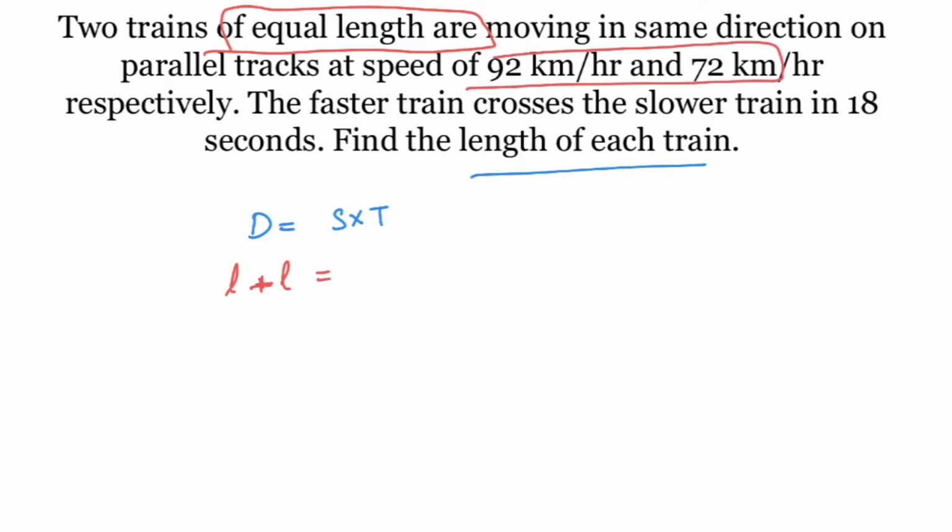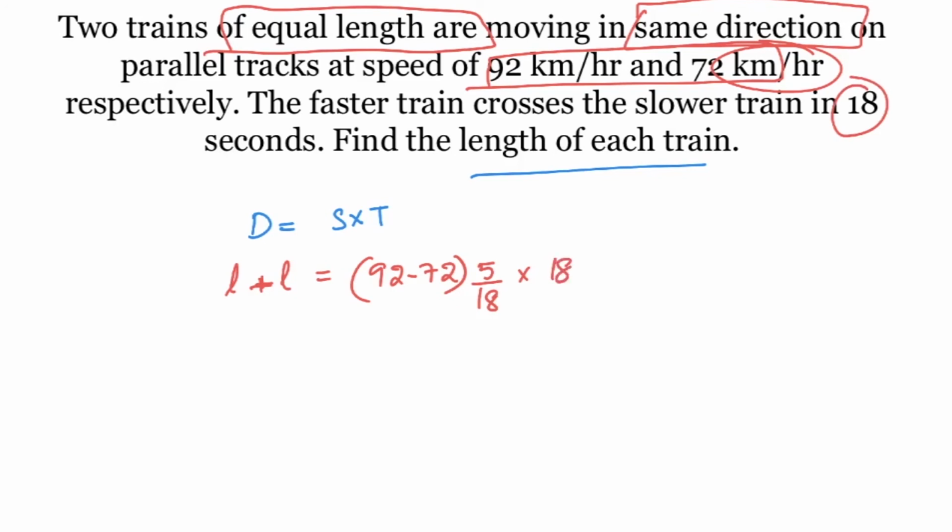One of them is moving at 92 and the other is moving at 72, but moving in the same direction, so we take the difference 92 minus 72. As speeds are in kmph, multiply with 5 by 18 into time taken, 18 seconds. Simplify this expression. 18 and 18 cancelled. L plus L, 2L is equal to 92 minus 72, 30 into 5, 150. So length of each train is 75 meters.